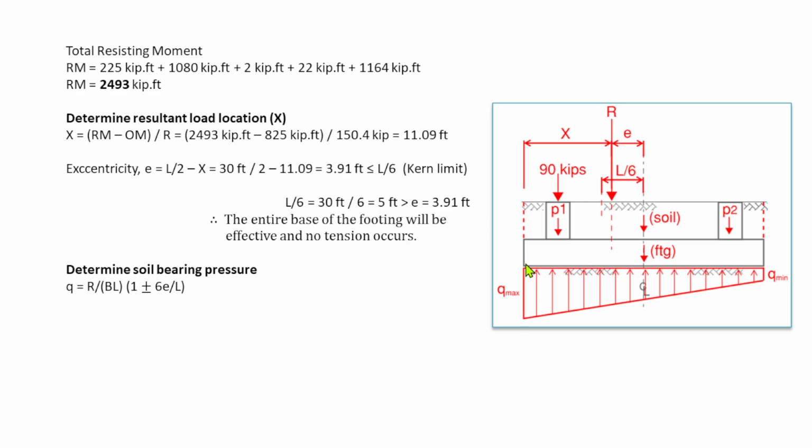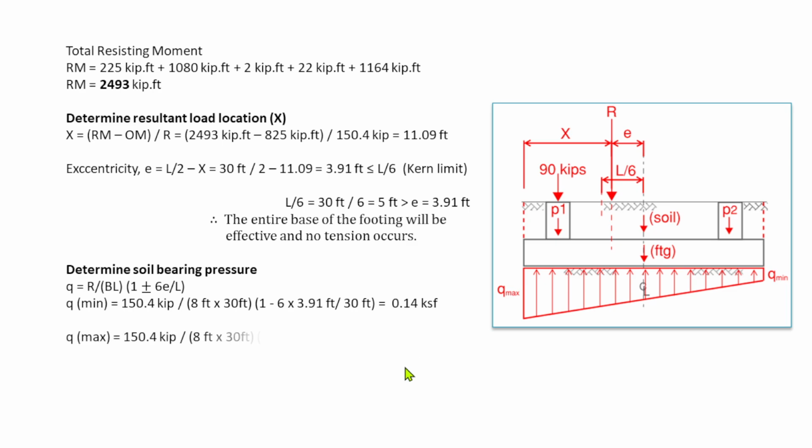L is the length of the footing, B is the width of the footing. So the minimum soil bearing pressure is 150 over length times width, 8 times 30, the dimension of the footing, times 1 minus 6 times 3.91, which is the eccentricity, over 30. So it's equal to 0.14 ksf.